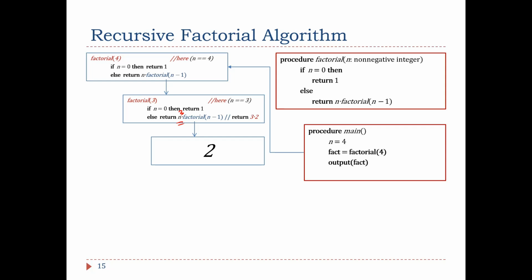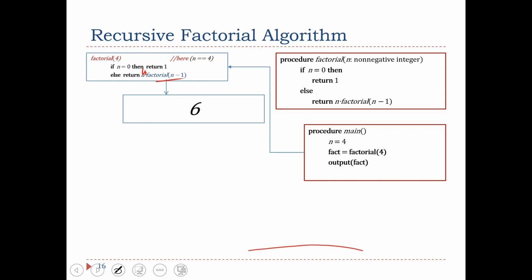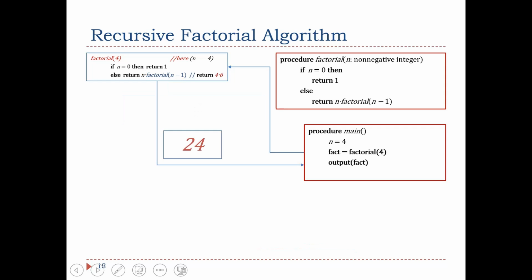So now this instance of the factorial function would return 3 multiplied by 2, which is equal to 6, which will be returned to the first instance of the function, and which will finally return to the caller, which is the main function. It will return the value of 4 times 6, which is 24, and this is what will be loaded here in the fact variable.